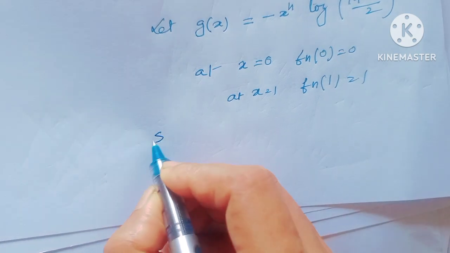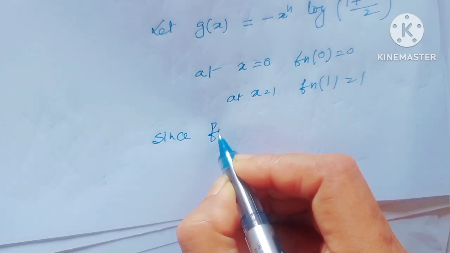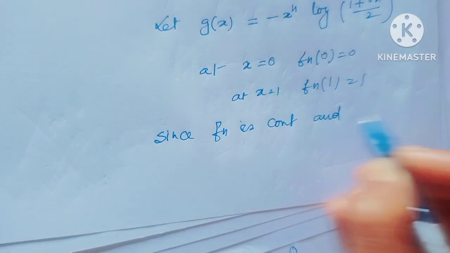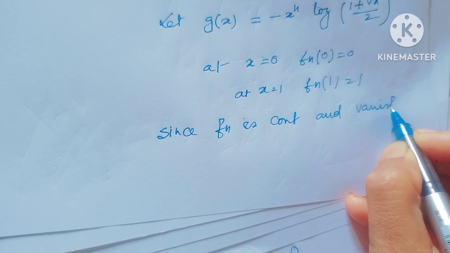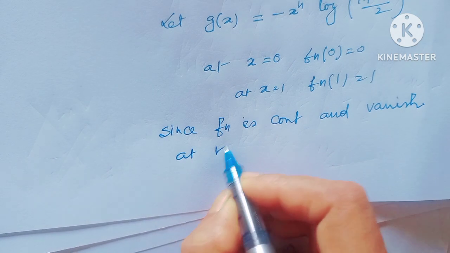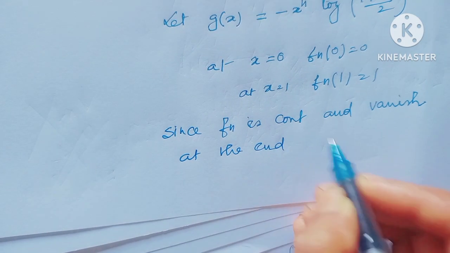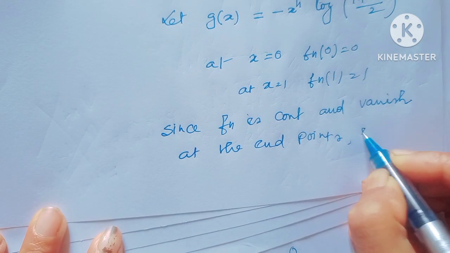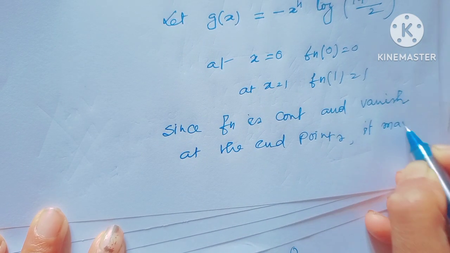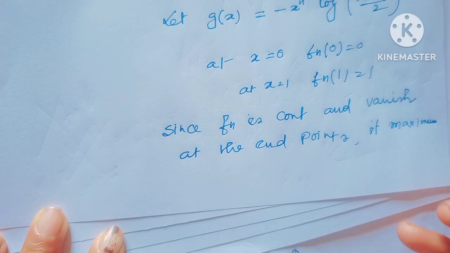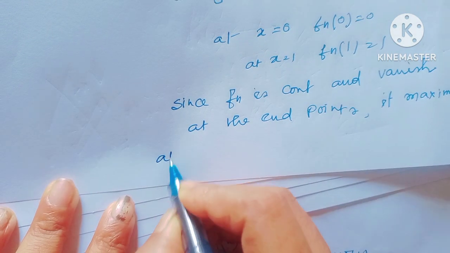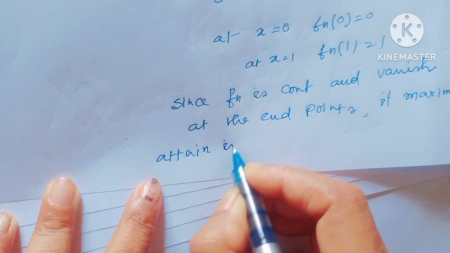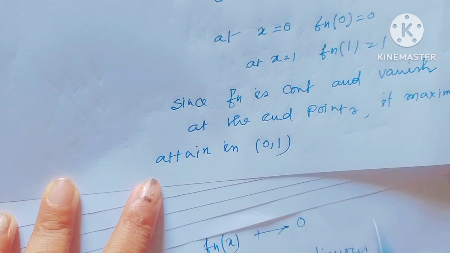Since fn is continuous and vanishes at the endpoints, its maximum value is attained in the open interval (0, 1).